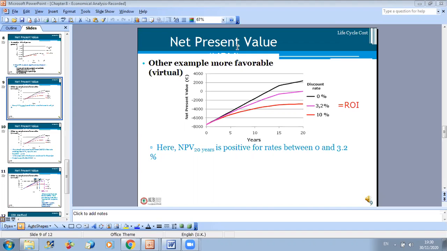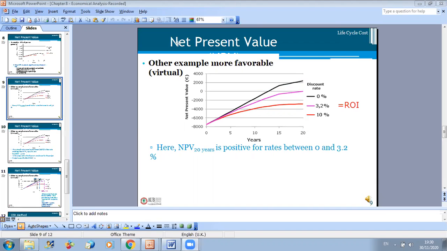So here, if you look at your graph, the lifetime is 20 years, okay? The discount rate that gave me a 0 value at the end of lifetime is 3.2. This is called return on investment. So it is the discount rate just needed to have a balance at the end of lifetime.